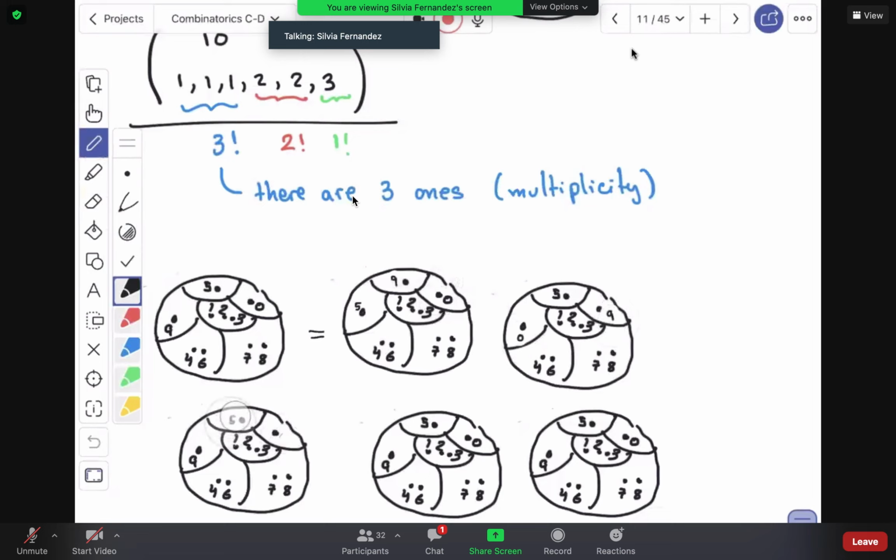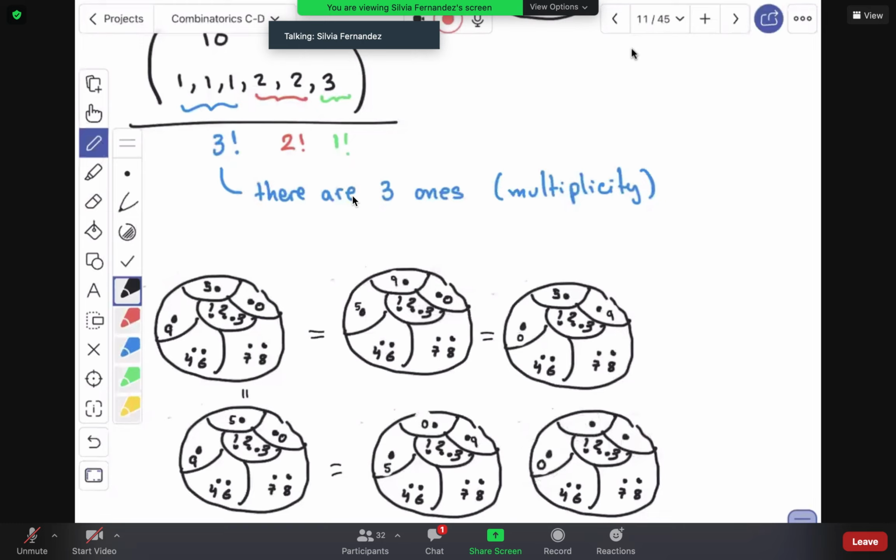So I can have 5 here and 0 there. And I could also have the 9 here, the 5 here, the 0 here, and the 9 there. 5, 0, 9. So all of these are equal. And I could also have, let's see, I have one more. The 0 here, the 9 here, and the 5 there.